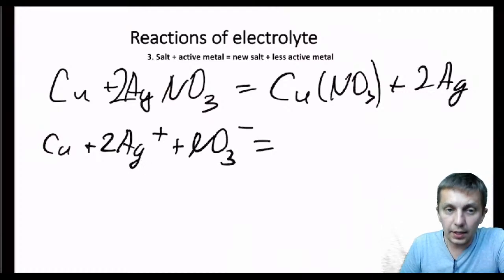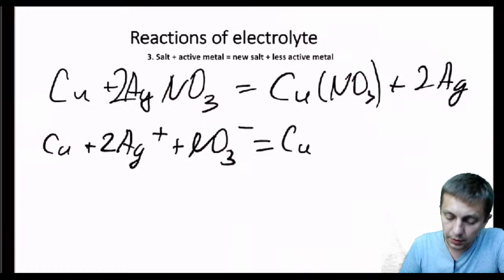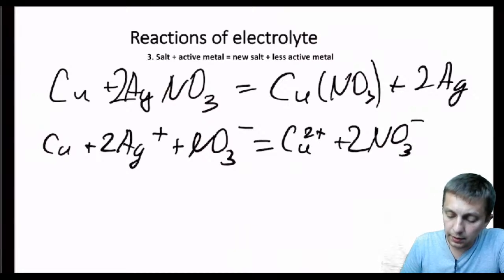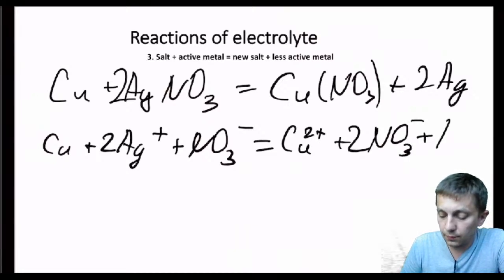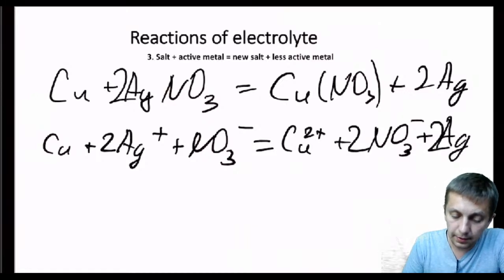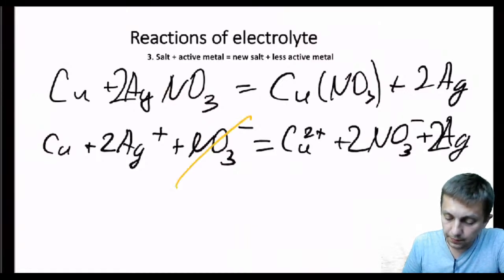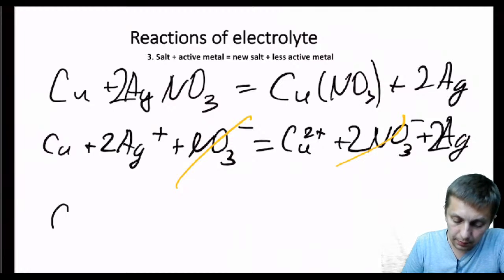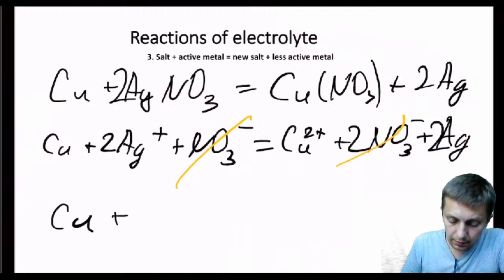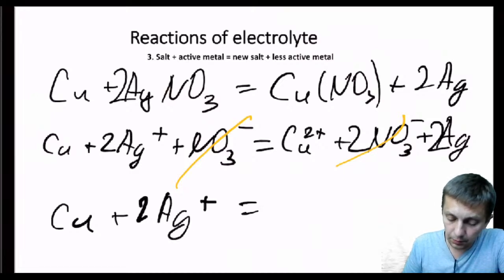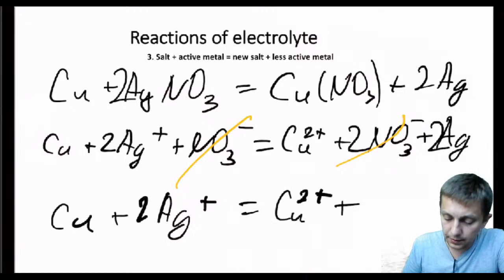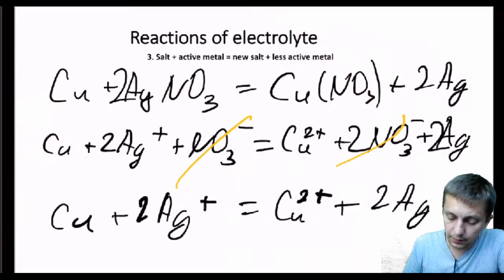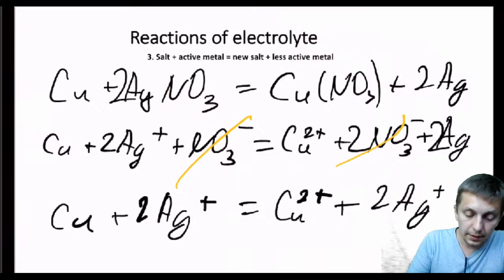So any strong electrolyte in an ionic equation we completely split into ions. Any weak electrolyte we leave in molecular form. Simplify and we get the net ionic equation. In the net ionic equation we see there are only two parts. Copper reacts with cations of silver and forms cations of copper and atoms of silver.